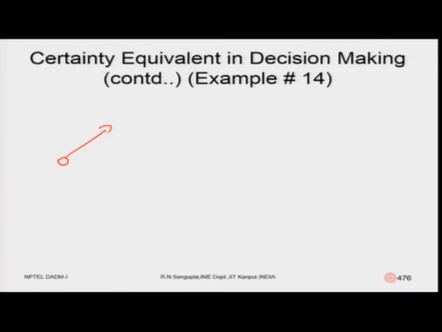So, this is the w value, which is coming out to be 10. This is the w value which is coming out to be 0.